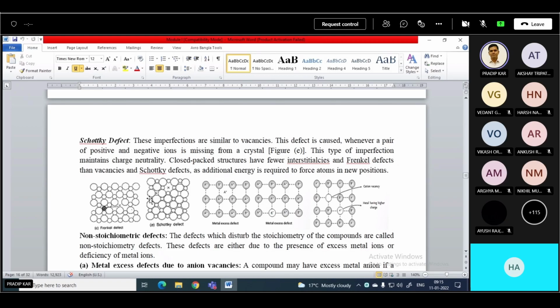So both positions are vacant, but neutrality is maintained because one anion and one cation are absent from the crystal. The composition is the same, and the neutrality is also maintained, but a pair of ions is missing. That is the Schottky defect.